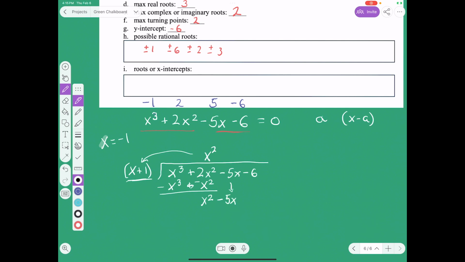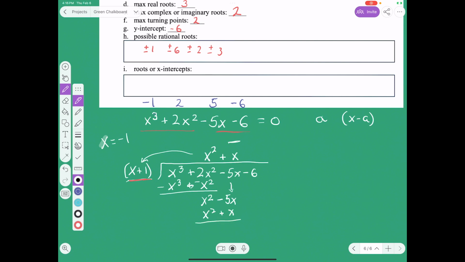And now I want to think what goes up here is going to be what times x plus 1 will give me an x squared term. So that's just going to be x. So x times x is x squared, and then x times 1 is just x. So that'd be plus x.